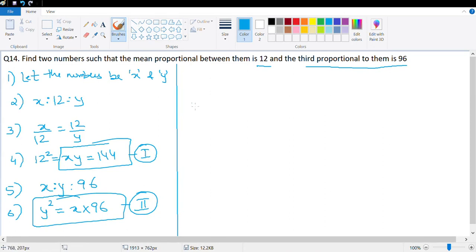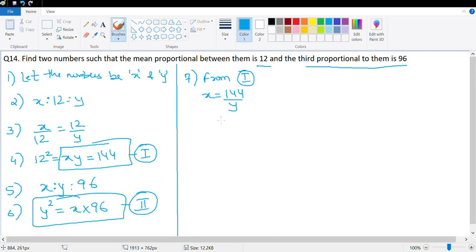So y square is equal to 96x and xy is equal to 144. From 1 we will get x is equal to 144 upon y. Right, that's correct.